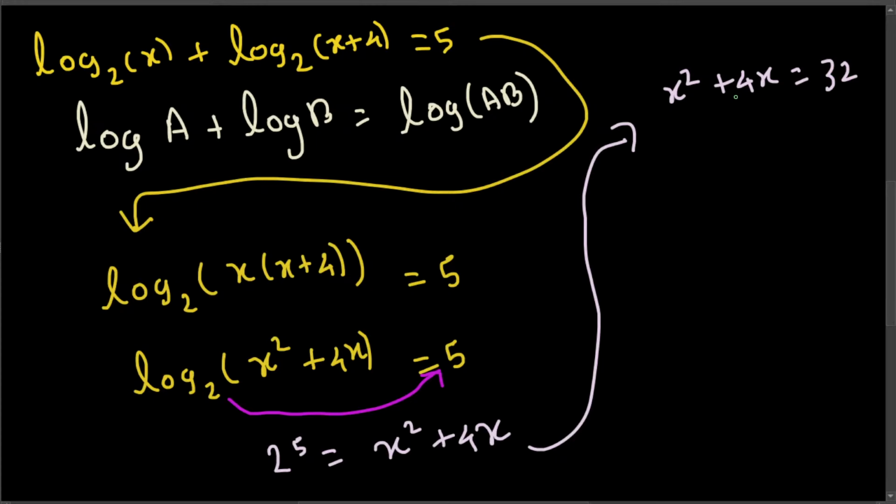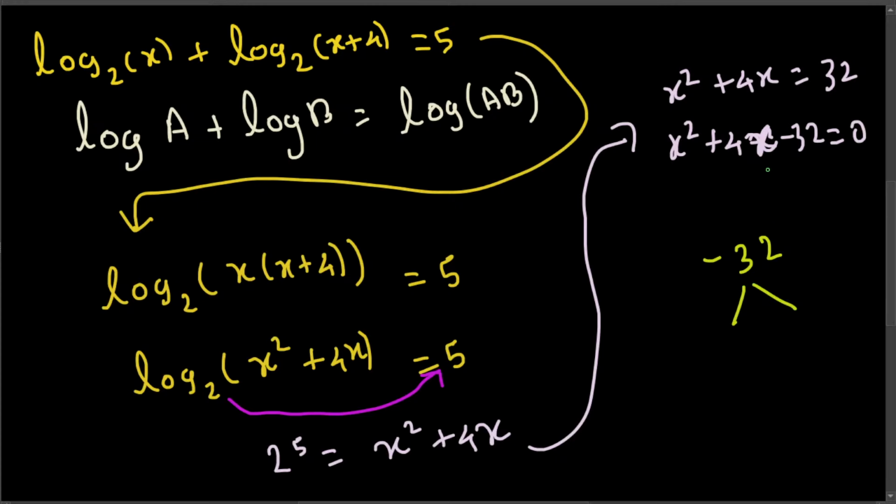And if I bring 32 to this side, I can factor and solve this problem. So I bring to this side x squared plus 4x minus 32 is equal to 0. Now we have to see, is there any value that when we multiply, we get negative 32, and when we add, we get positive 4.